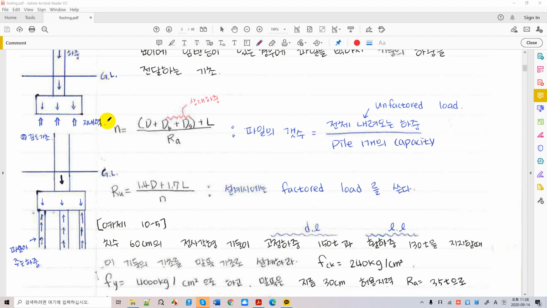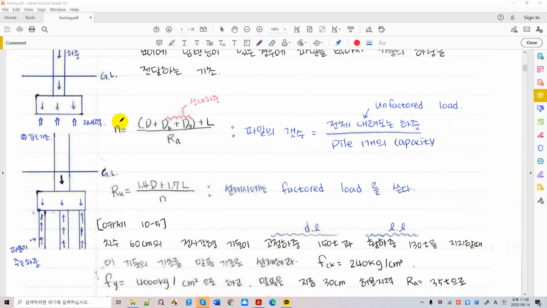Okay, the number of piles, which is denoted by N, is equivalent to the foundation area of the shallow foundations. When you calculate shallow foundations, you don't use factors. You just use a service load, if you remember. Go back and review it if you can.